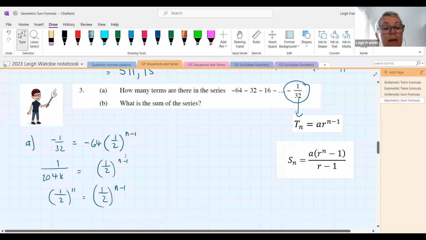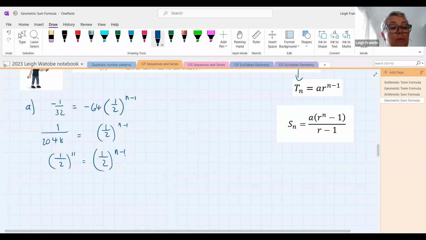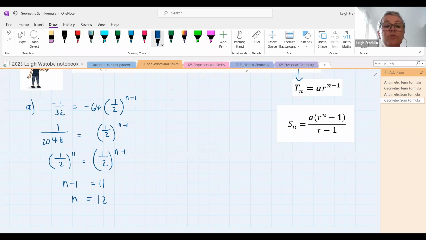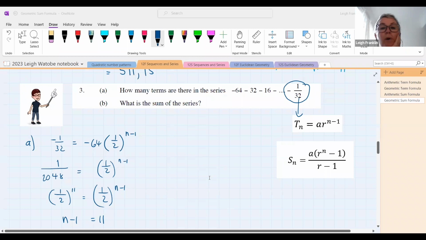And now that we've made our bases the same, we can equate our exponents. So if n minus 1 equals 11, it means that n is going to be equal to 12. All right, so that's what you should have done for part A, using the Tn formula to get n first, because we can't solve two unknowns in one equation. So that's why we've got to do that.